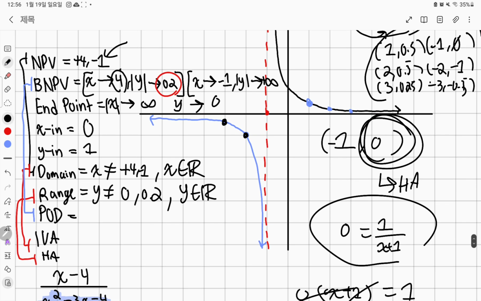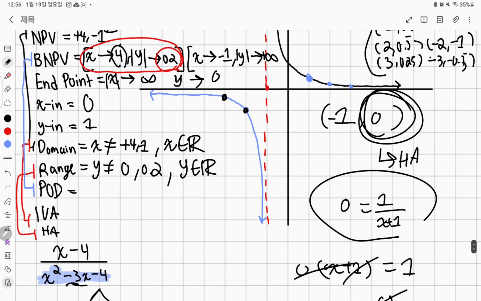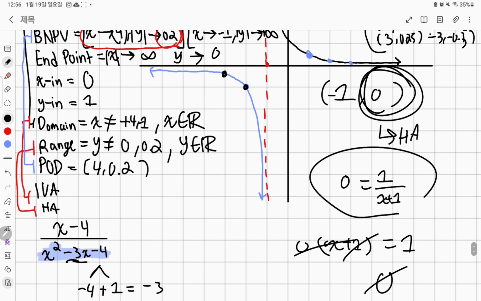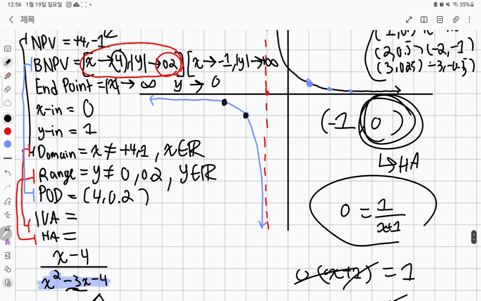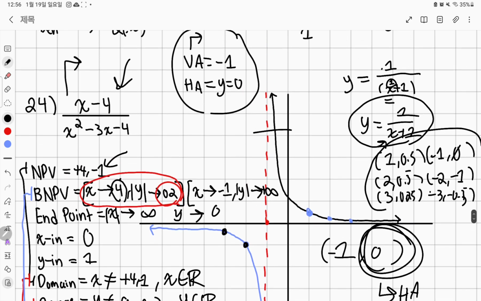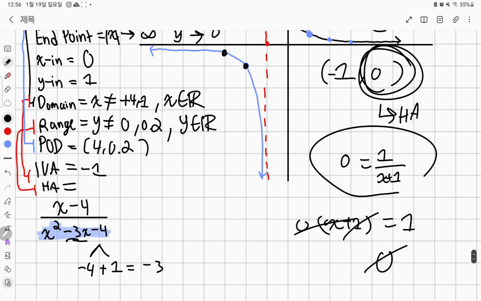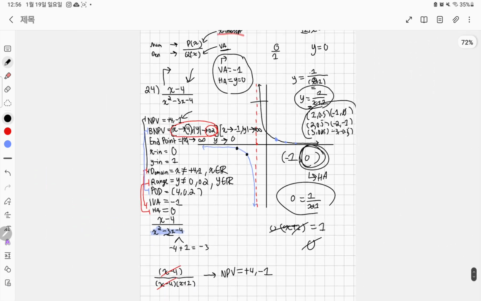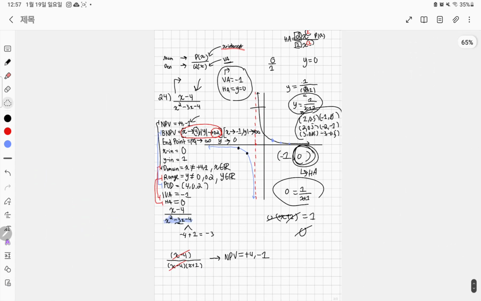So any 2 points that we have exactly the same, this one, 4 and 0.2, is our POD. Vertical asymptote, we knew that the vertical asymptote is -1, horizontal asymptote was 0. And here is our final value of this question.